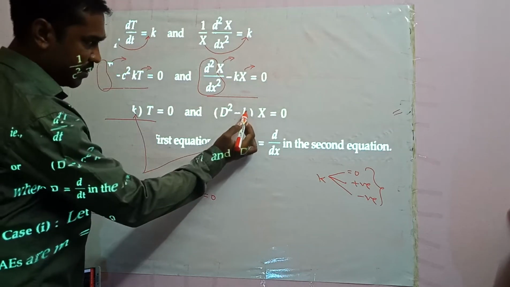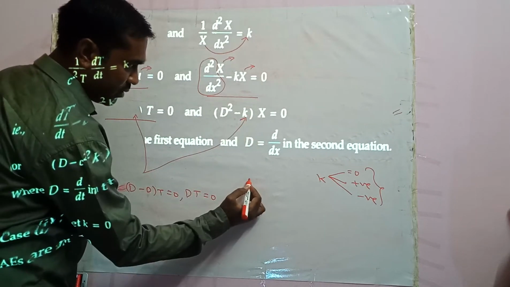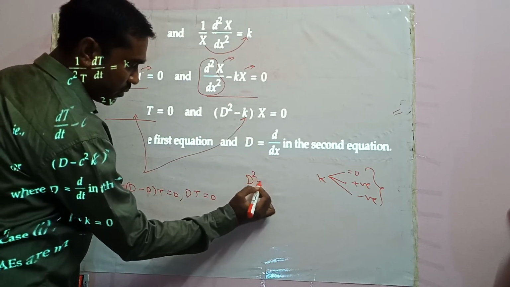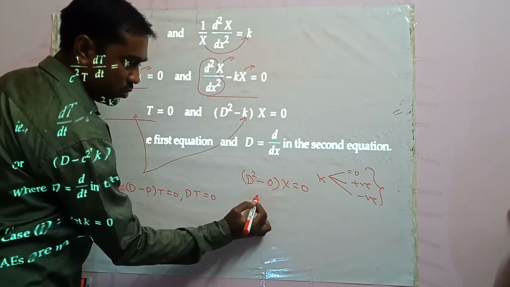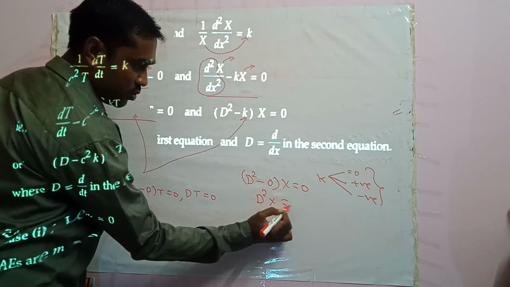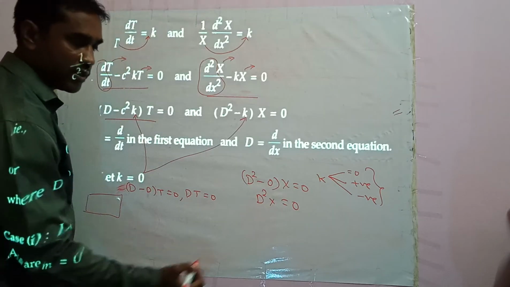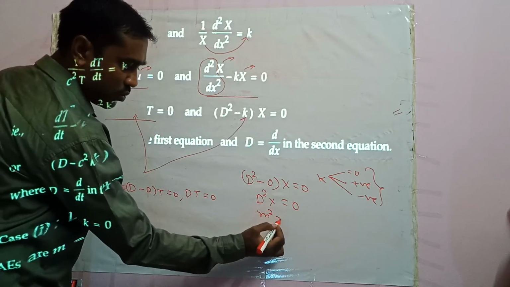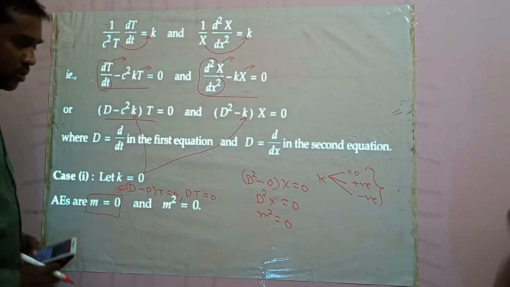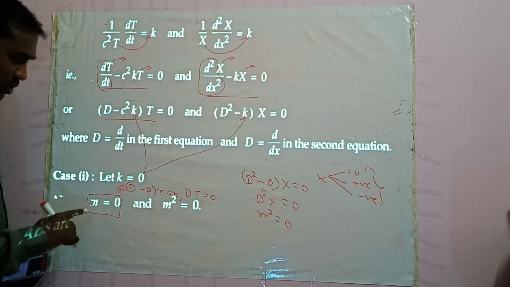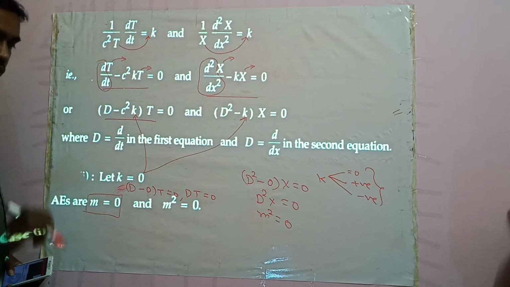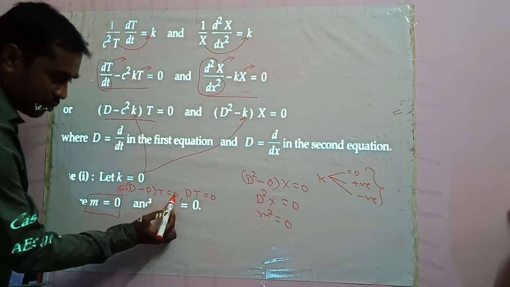If we replace k = 0 here, what do we get? D² X − 0·X = 0, that is D² X = 0. So what is the auxiliary equation? m² = 0. Then the roots are m = 0, 0, since we have a quadratic term here.